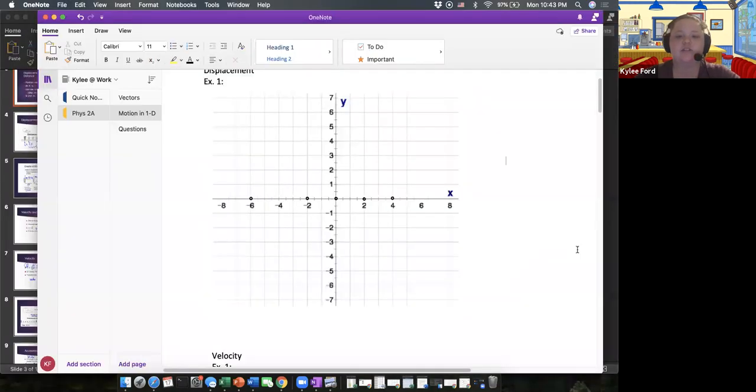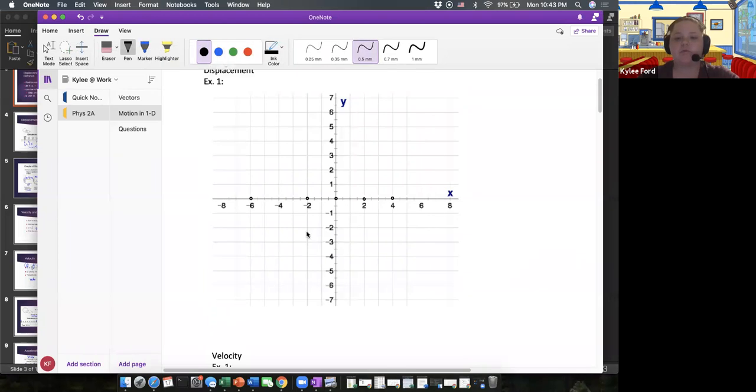So it's not a huge deal, but we can go back over it real quick just to get ourselves used to all this stuff. I'm going back to displacement, so don't get confused here.